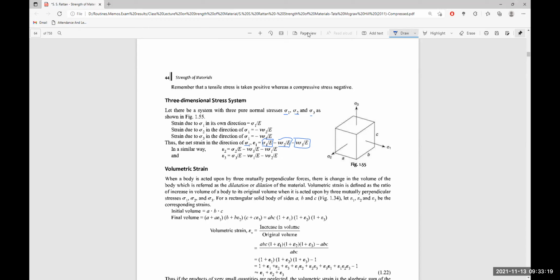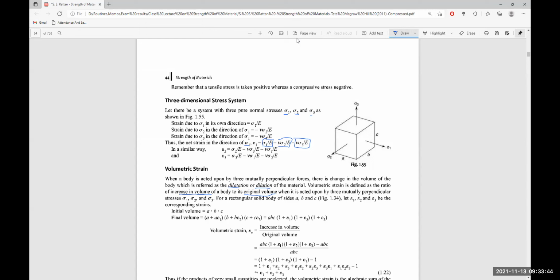Here comes another formulation. The body is subject to three mutually perpendicular stresses. Its volume will also change, which is referred to as dilatation of the material itself. Now, volumetric strain is defined as the ratio of the increase in volume of a body divided by the original volume.